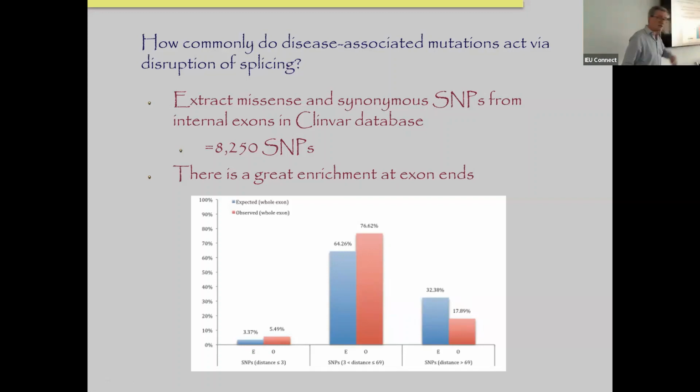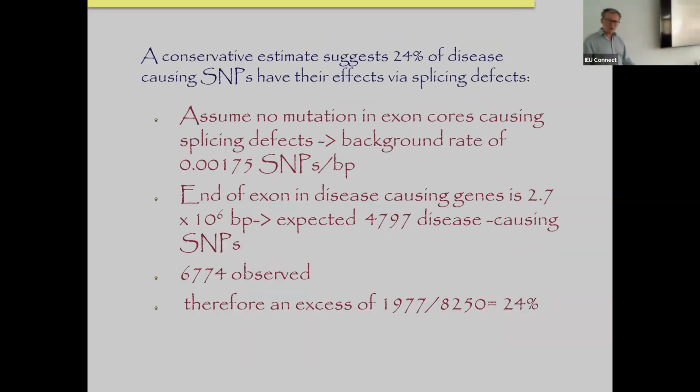And of course, these null simulations allow for exon sizes and so on. So not only are SNPs rare, so we're all most similar to each other at our exon ends, when you do get a mutation that disrupts exon ends, then they are more likely to be genetic disease-causing ones. So if we make some assumptions, let's suppose that the background rate comes from exon cores, then we'll get one rate.